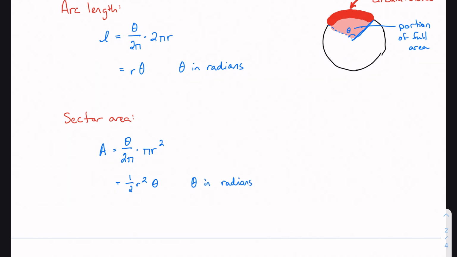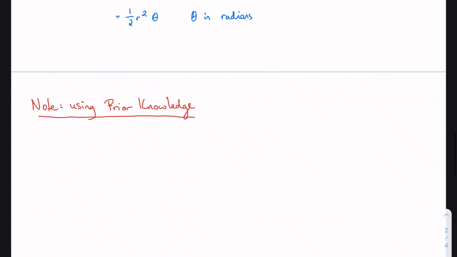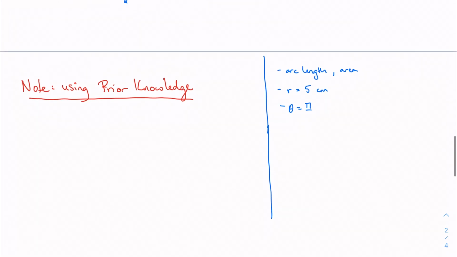So actually, before I talk about prior knowledge, let's try a quick example. I want to find the arc length and the area, if my radius is 5 centimeters and I'm sweeping through an angle of pi over 3 radians.